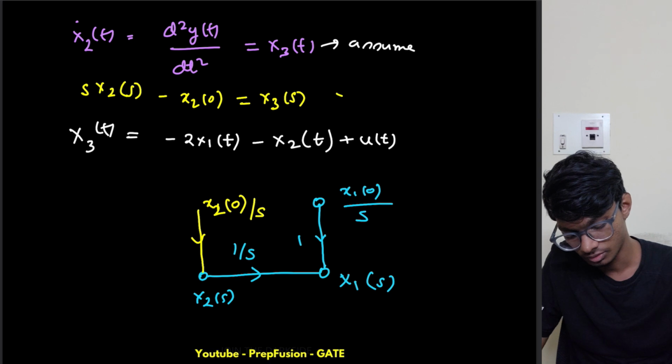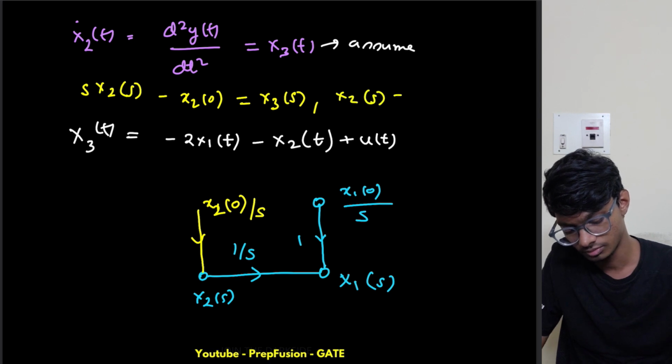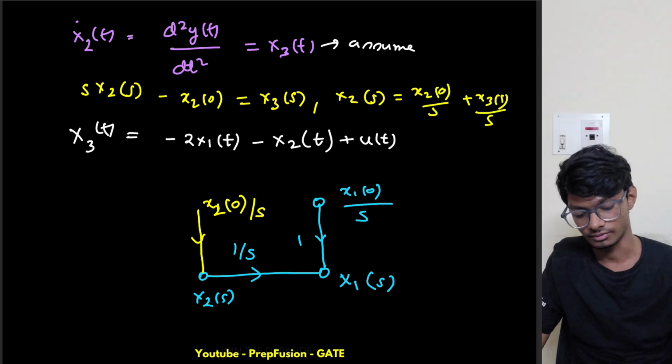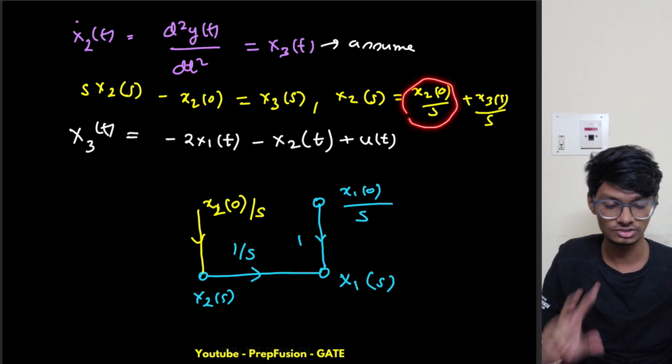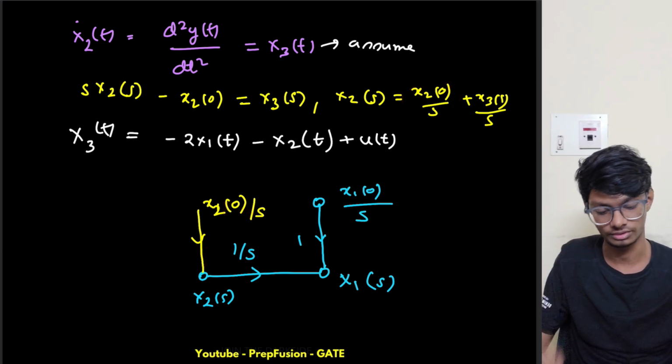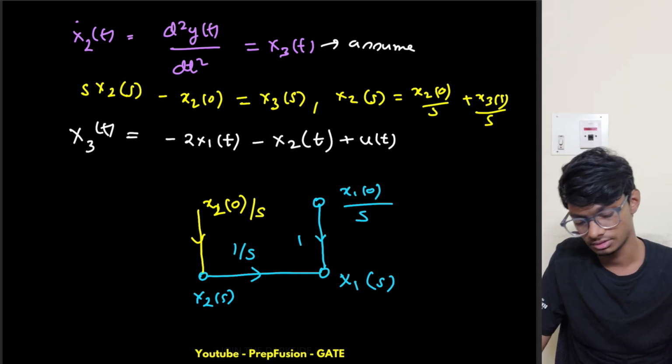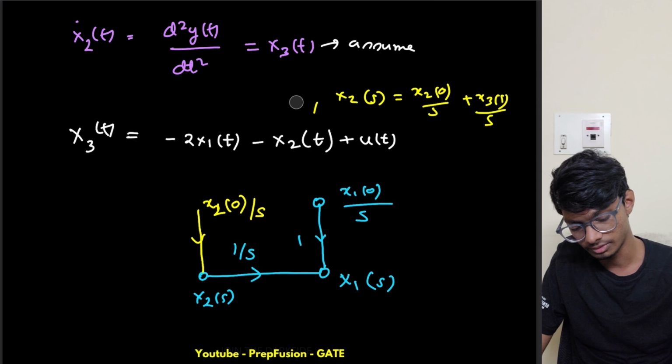So what will x2 of s equal? It will equal x2 of 0 by s plus x3 of s by s. From here you can understand that x2 of 0 will get added to this x2 of s. So I'm deleting this. I hope you are able to understand.